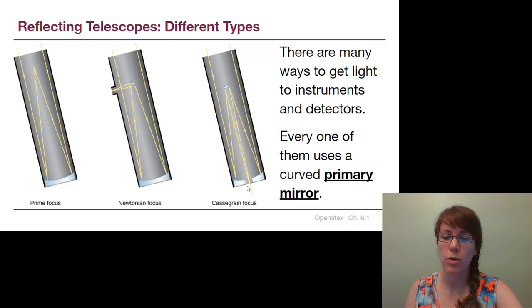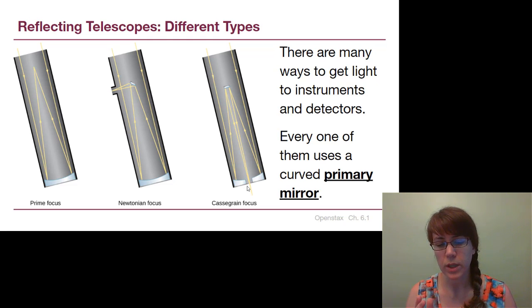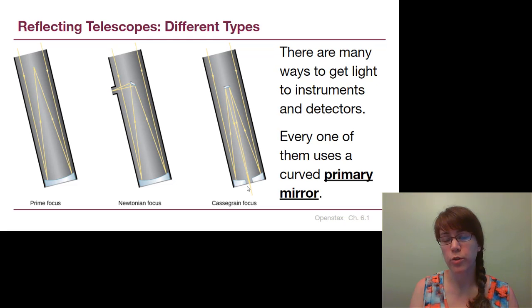Now, we can really summarize the refracting and reflecting telescopes with their pros and cons. And one thing before I move on from this slide. This whole video we've been talking about curved mirrors, but it is really important as we continue the chapter moving forward that we also recognize that radio dishes are acting like a curved mirror.